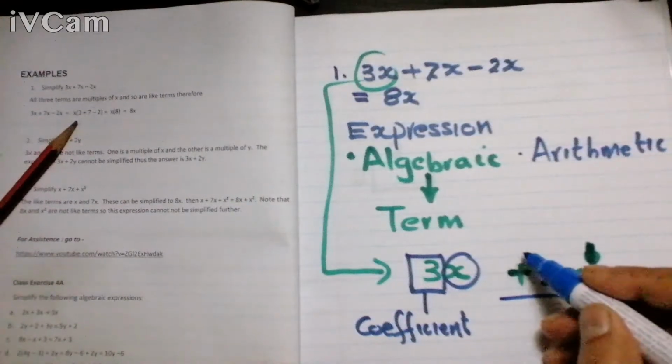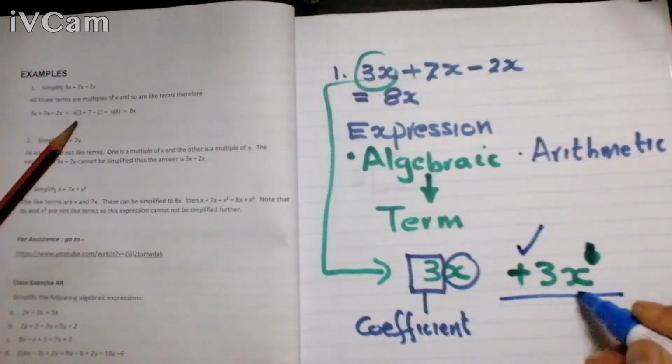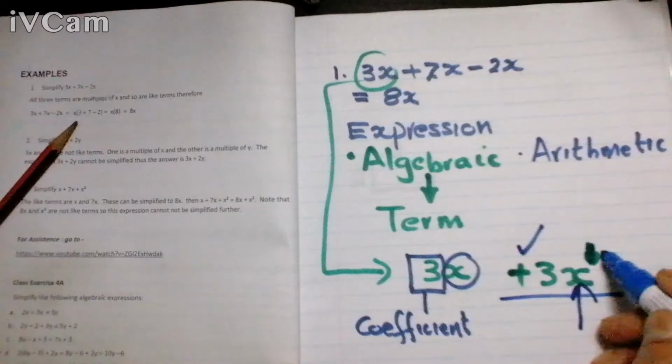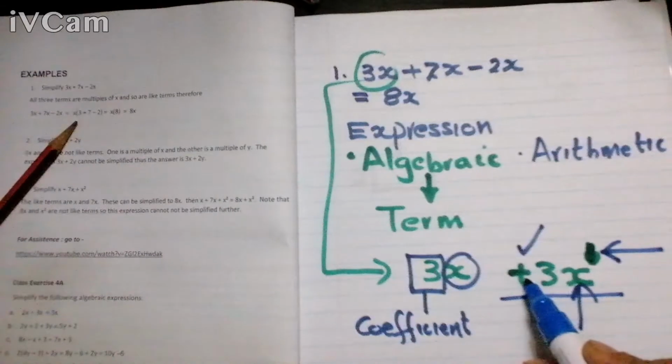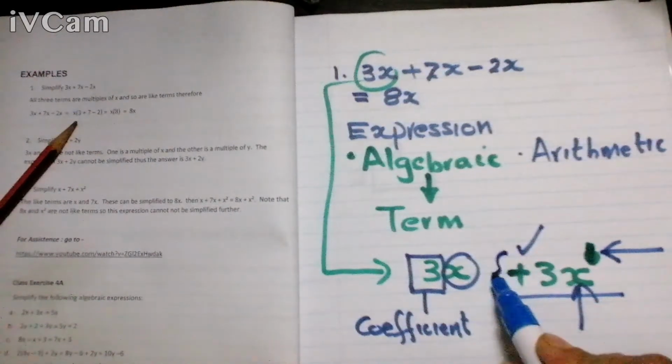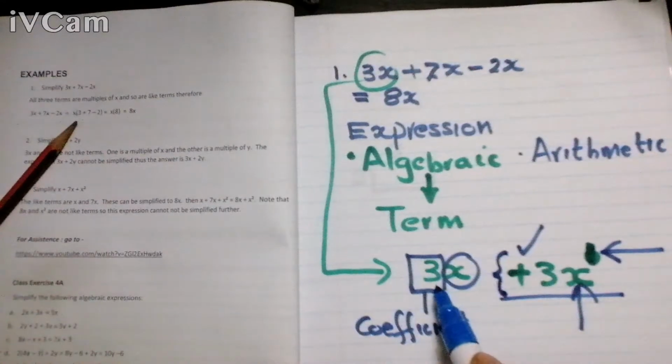It has a coefficient, it has a variable, and it has an index. When the exponent is 1, it is generally not shown, and when the sign is positive, it's generally not shown, thus giving us what we have here as a term.